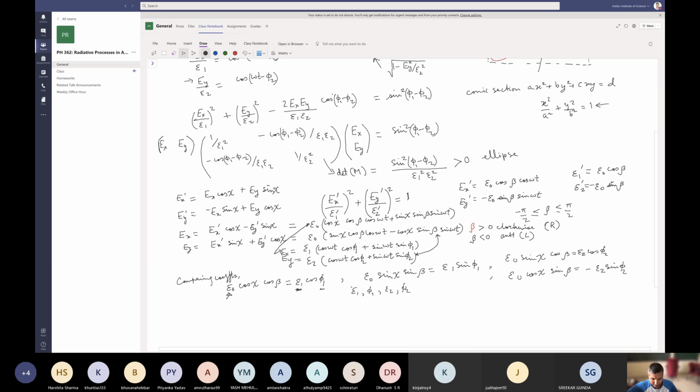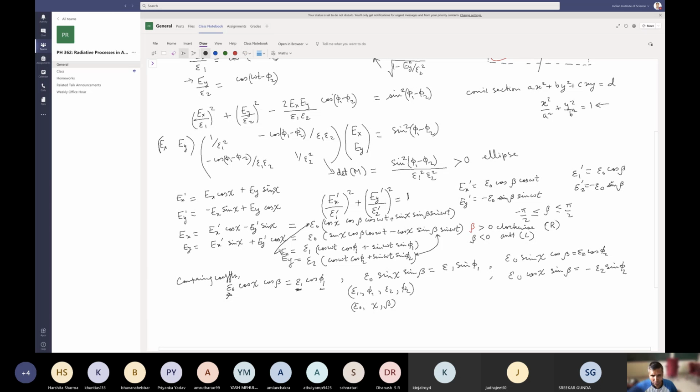From here you have four equations, and the unknowns are epsilon naught, chi, and beta. So there are four equations and three unknowns, and the reason is that there is a normalization condition that is satisfied.